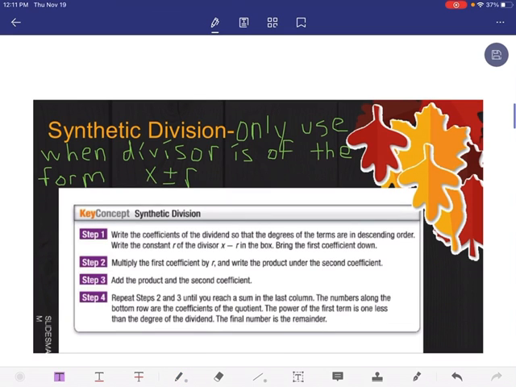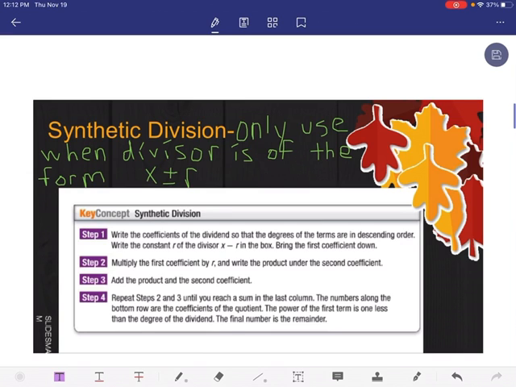That means that in some cases when it's not of that form, meaning if I have something that isn't a degree of 1, so if I'm dividing by something like x squared or some other exponent, we have to use long division. So that's why we need to know how to use long division, because long division will work in every single case. Synthetic division only works in some cases.